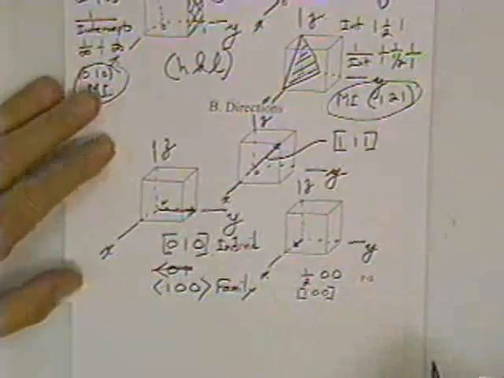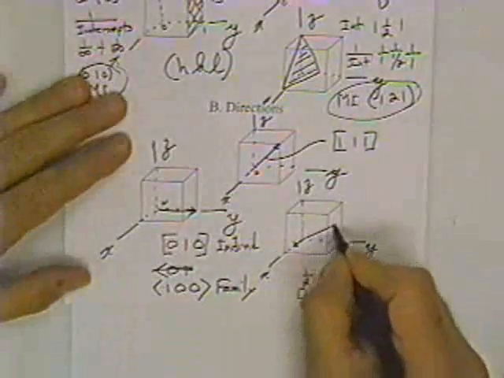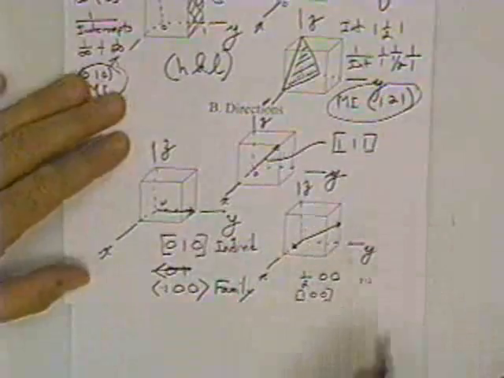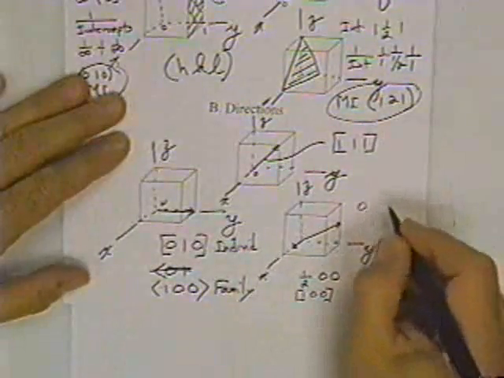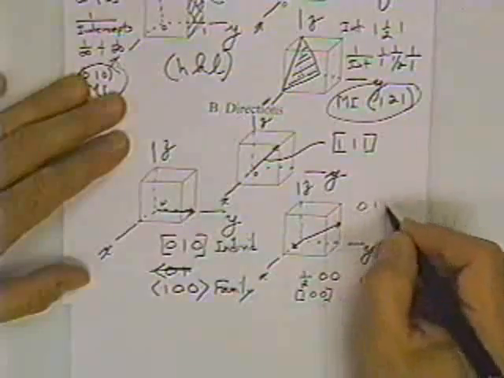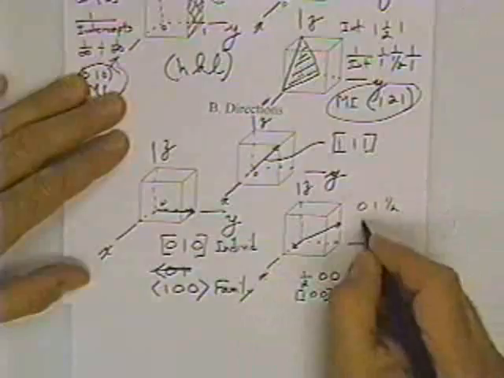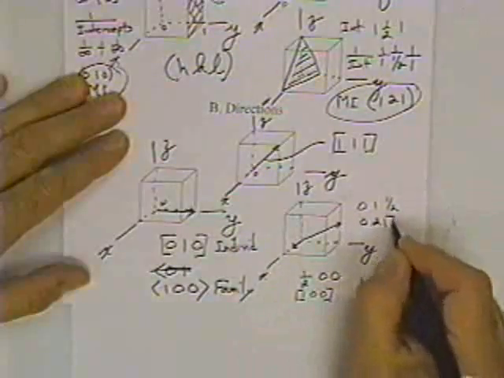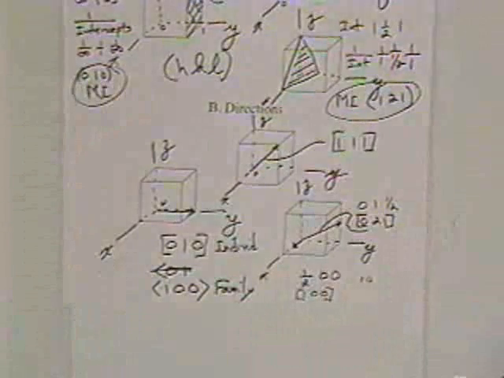Directions are always reduced to their lowest common denominator. Let's try one more. If we put a direction in a position like that, we would have 0 on the X, we would have 1 on the Y, half on the Z. We clear a fraction, so we would have 0 2 1. That would be the 0 2 1 direction.